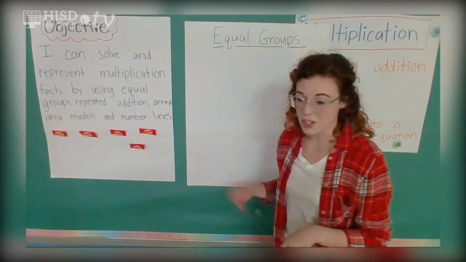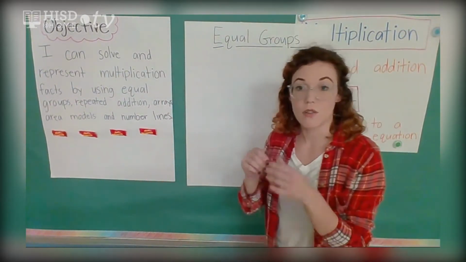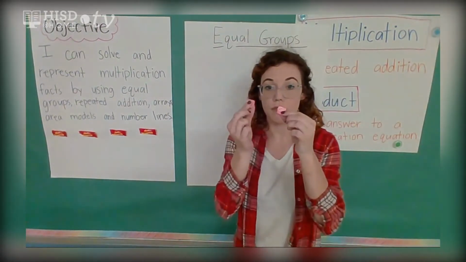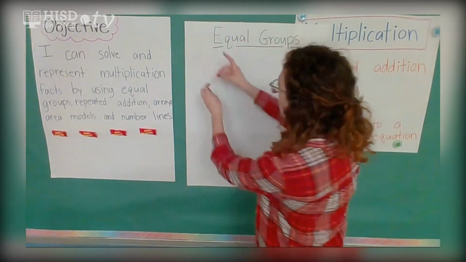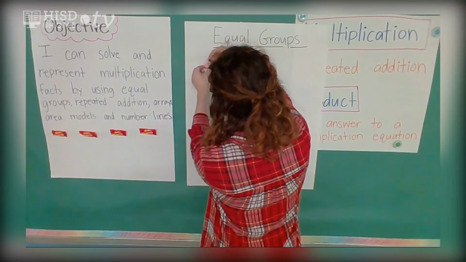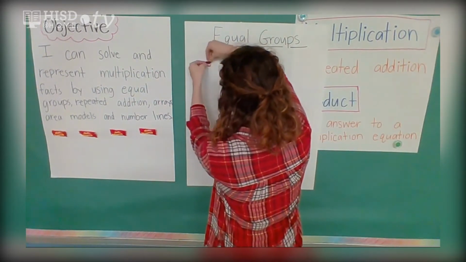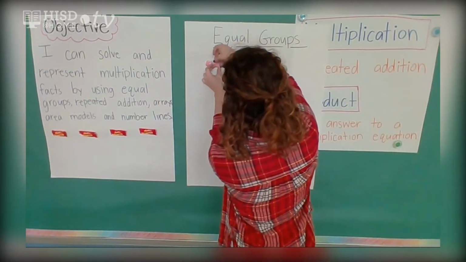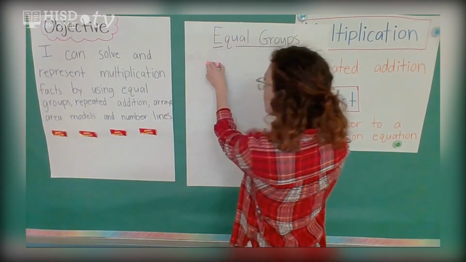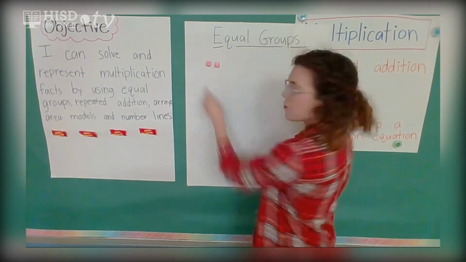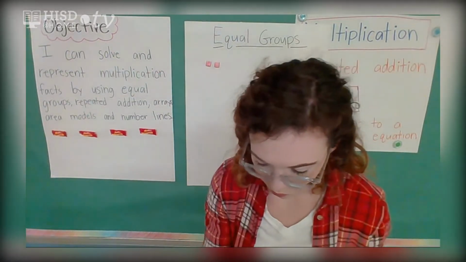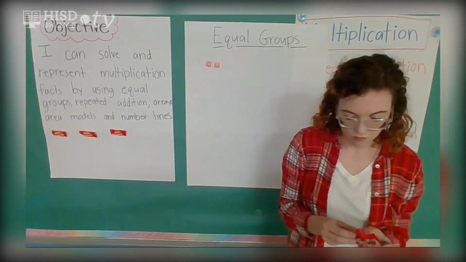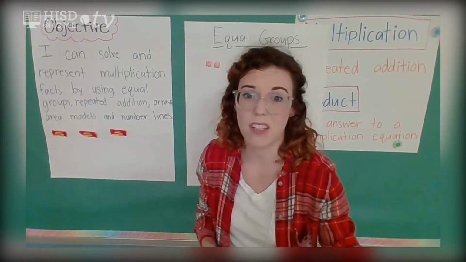So what I'm going to do is I'm going to open these Starbursts so I can see each of them have 2. Here's one group of Starbursts, right? One package. Let's do another one. And it doesn't matter what colors because we're just counting Starbursts, not the colored ones.